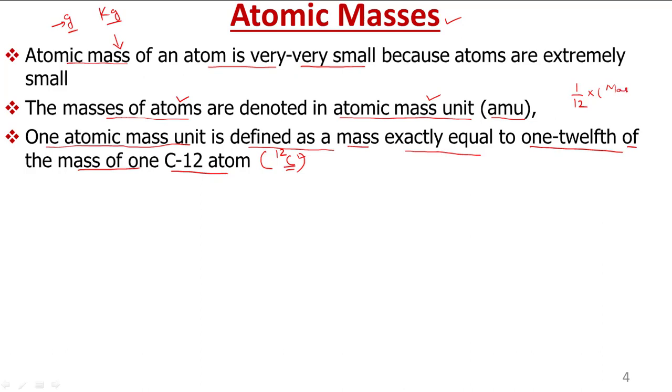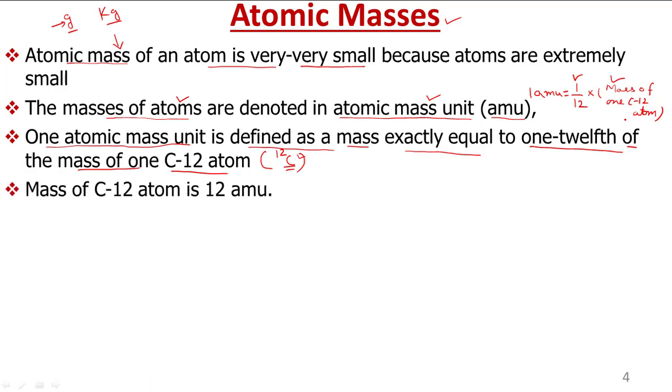So 1 AMU is 1/12th of the mass of one C-12 atom. Mathematically, 1 AMU is 1 by 12 into the mass of one carbon-12 atom. From here we can calculate the mass of one carbon atom.